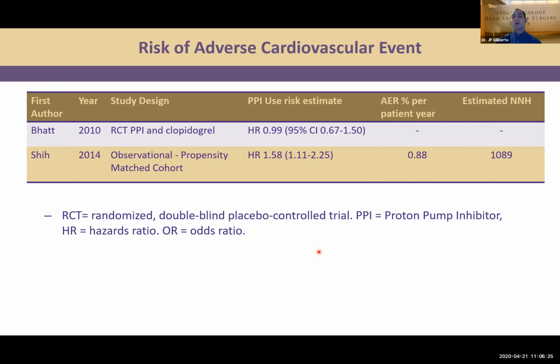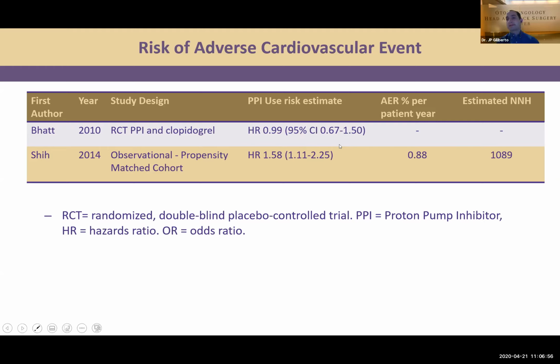When we look at the data, there are a number of studies, but the major ones that I want to focus on are the Bat et al. in 2010. This was a randomized controlled trial looking at PPIs in patients taking clopidogrel for an acute myocardial event. In this randomized controlled trial, where they were specifically looking for bleeding and cardiovascular adverse events, they showed no hazard ratio increase for these events.